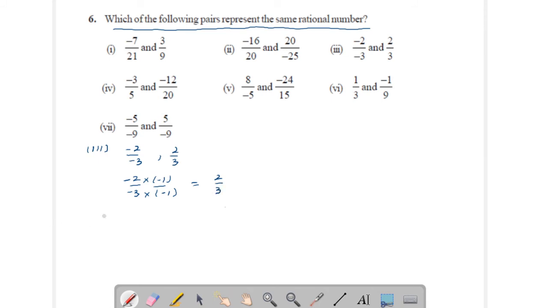What we observe? Since 2 upon 3 is equivalent to 2 upon 3, therefore minus 2 upon minus 3 is equivalent to 2 upon 3. They are the same.